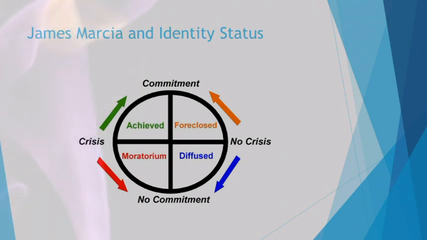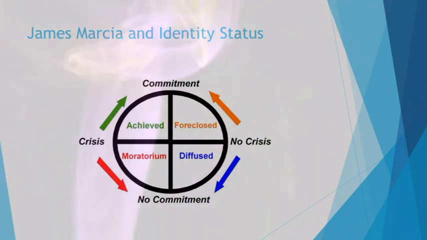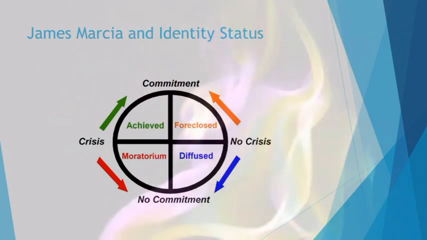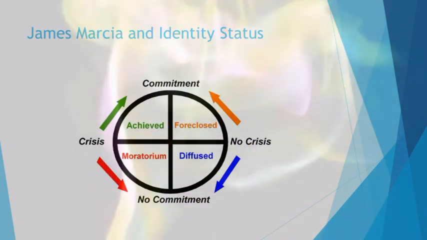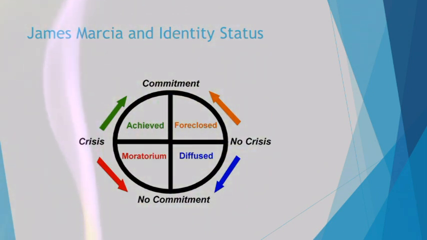People in this state of identity diffusion may lack direction or commitment. They may seem disengaged or apathetic, and they're really just trying to protect themselves. They may show little interest in exploring different options or trying on new experiences, and they might avoid activities that require any long-term commitment or investment and instead prefer to stay in their comfort zone.